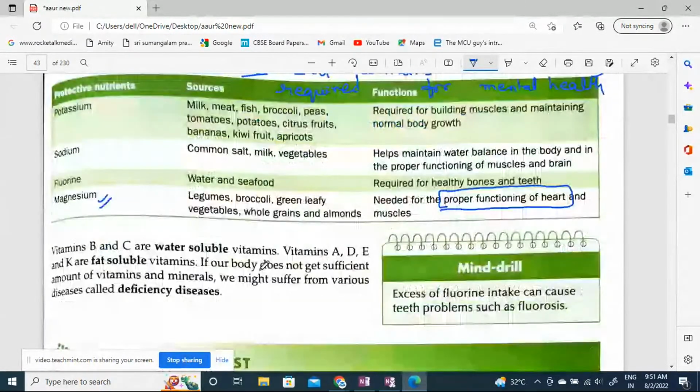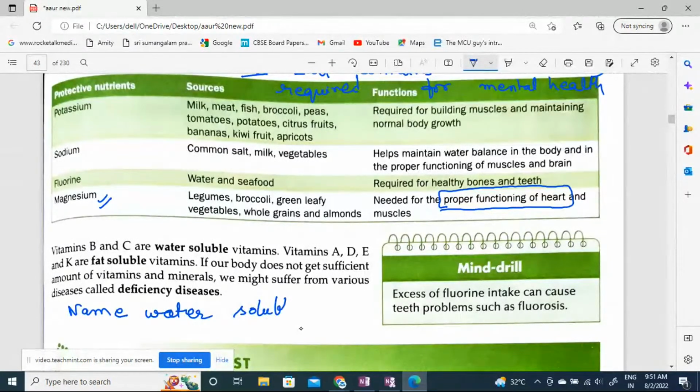Now, the same question is there. Name water-soluble vitamins and fat-soluble vitamins. It is B and C. Next question.